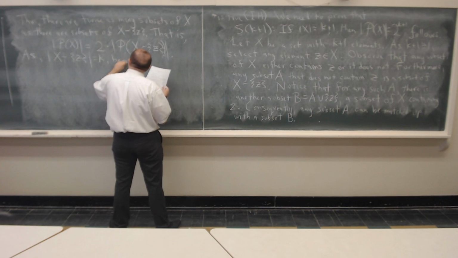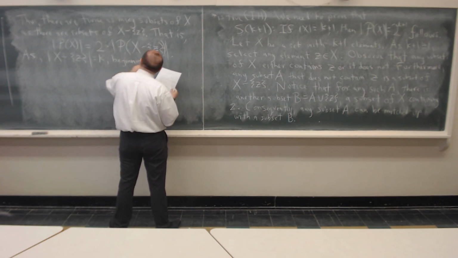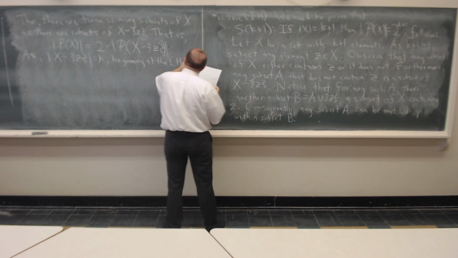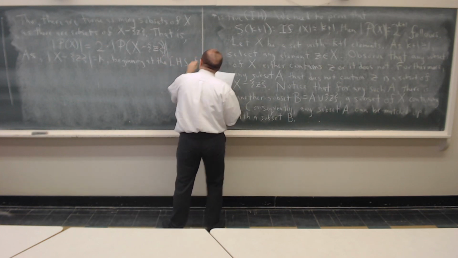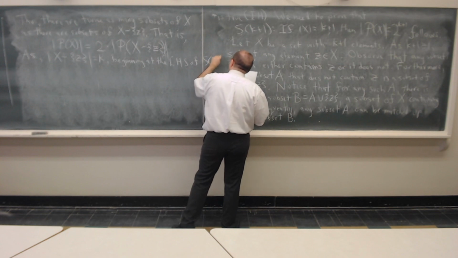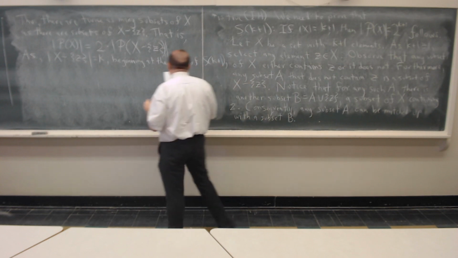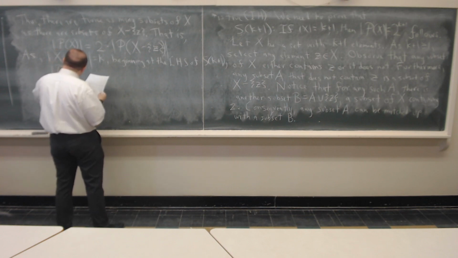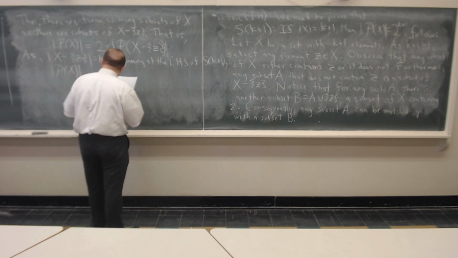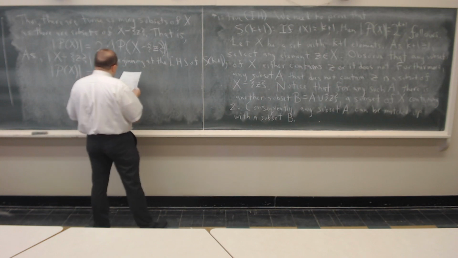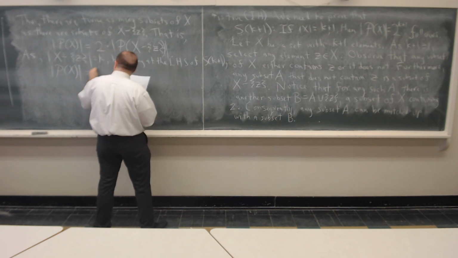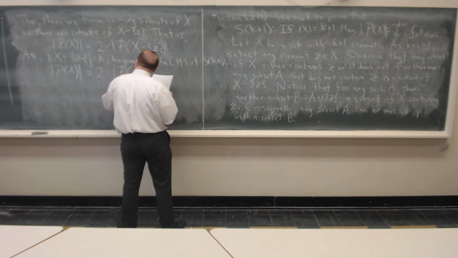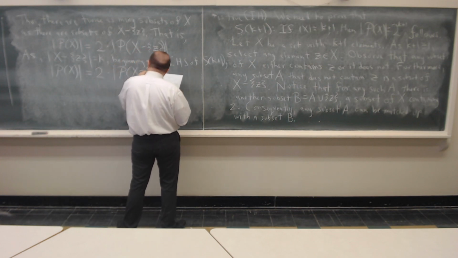Beginning at the left-hand side of S of K plus 1, the power set of X, I'm going to take the cardinality of this. Remember, I derived this right up here. I got 2 times the cardinality of the power set of X minus the set containing the element Z.